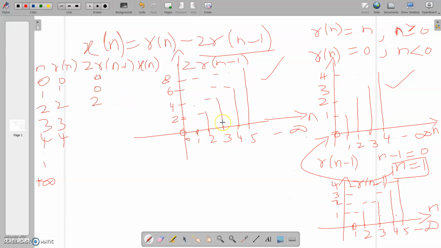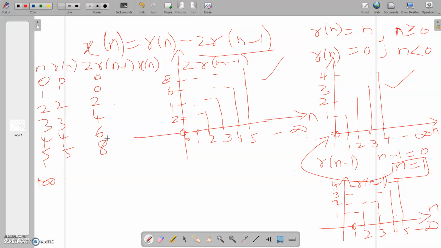At 3, the amplitude is 4. At 4, the amplitude is 6. If you want, you can take 5 also. You can find out your value. Suppose you find out 5, here the value will be 8.